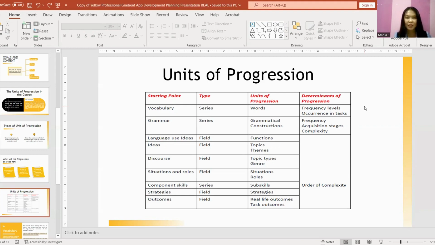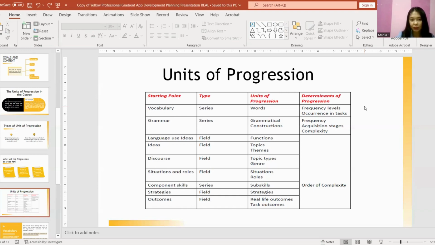And the unit of progression is words, while the determinant of progression is frequency levels, like how many times they use the words and the occurrence in tasks.